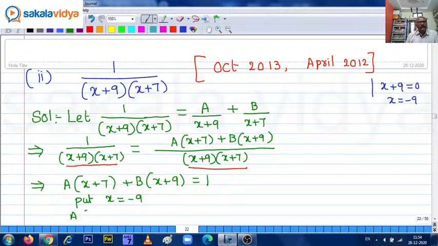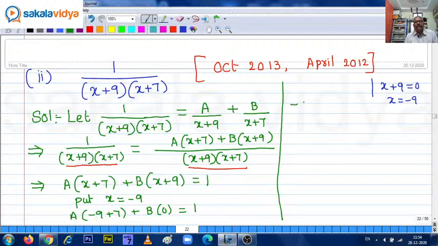So a times (minus 9 plus 7), b times 0 equal to 1. So minus 9 plus 7 is minus 2, that becomes minus 2a plus 0 equals 1. Minus 2a equals 1, that implies a equals negative 1 upon 2. This is the value of a.